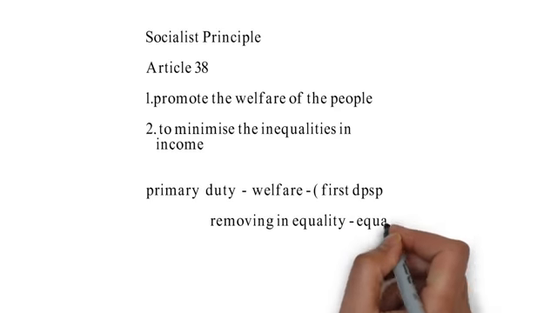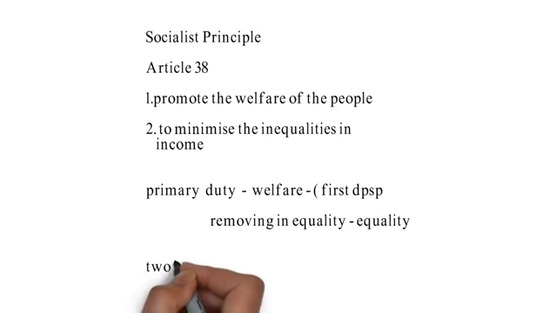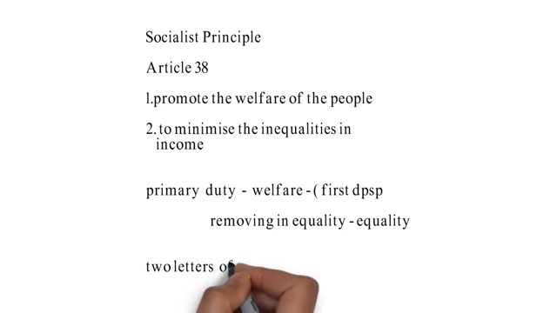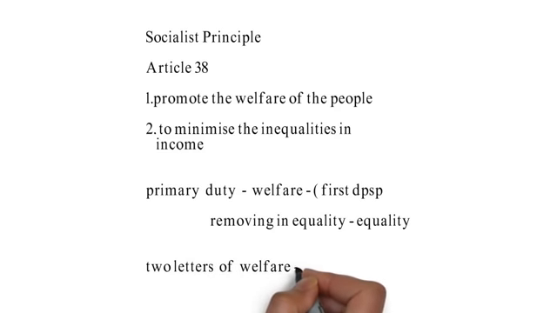There are two provisions in Article 38. First, it provides for the promotion of welfare of the people, and second, minimizing the inequalities in income. Now remember that the first and foremost objective under DPSP is welfare of the people, and since welfare is also the foremost objective of socialist principle, this article comes under socialist principle.